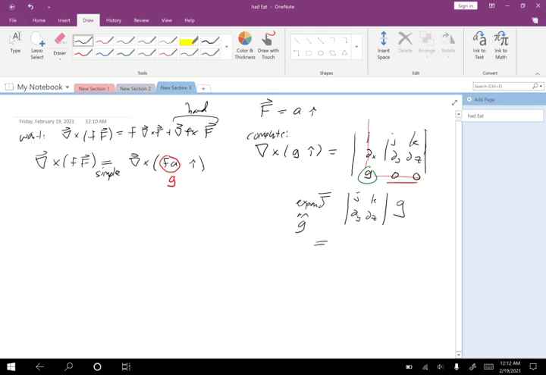And this is legal because this is 2 rows away. So if I went here, I would put a -1. If I went here, I would put a -1. I have 2 -1s. That's obviously a +1. So let's do it. We have j times Gz minus k times Gy. That is the curl of this thing.